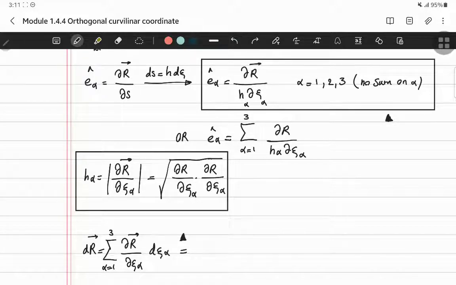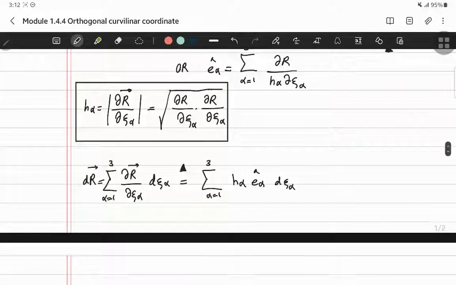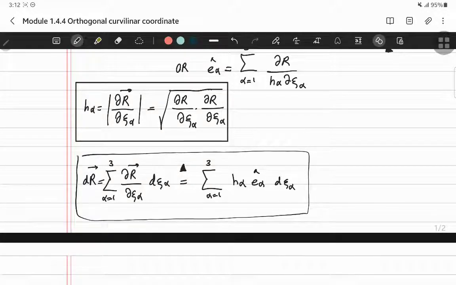So this becomes sigma alpha from 1 to 3. Just write it this way. All right, so we have H alpha, E alpha, d z alpha. And that's it. This is the definition of dr.